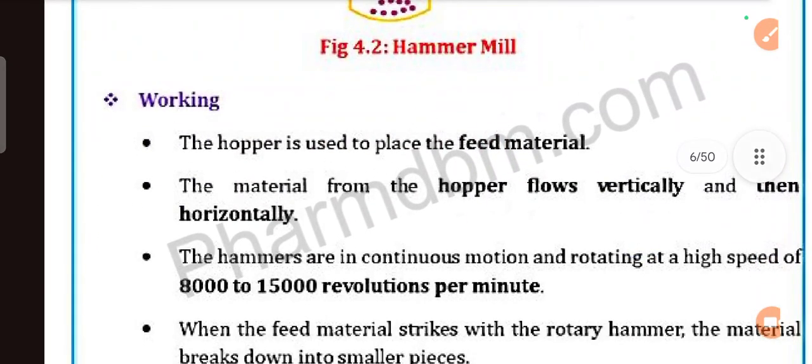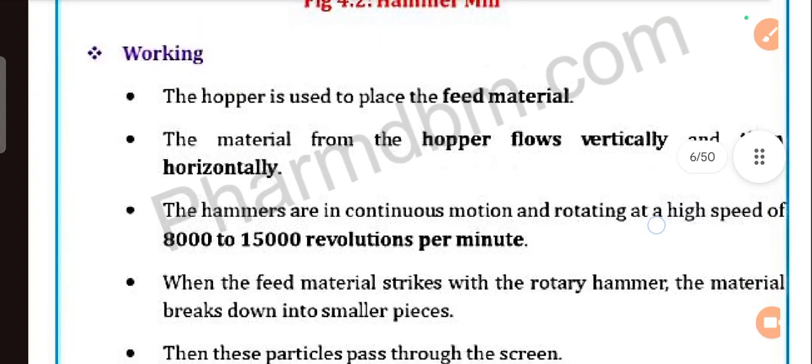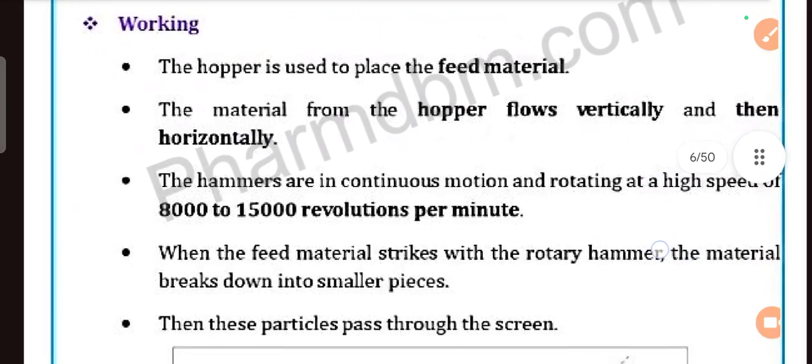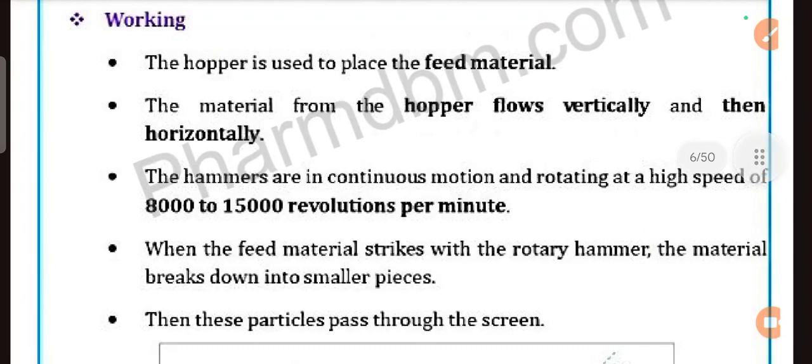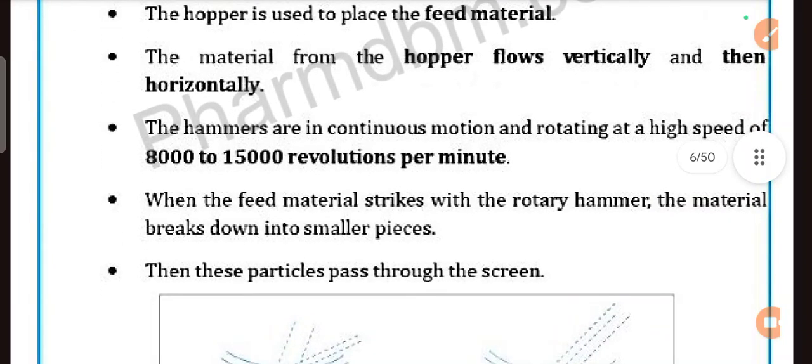Working. The hopper is used to place the feed material. The material from the hopper flows vertically and then horizontally. The hammers are in continuous motion, rotating at a high speed of 8,000 to 15,000 revolutions per minute.